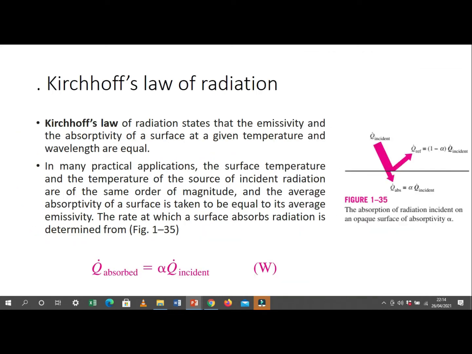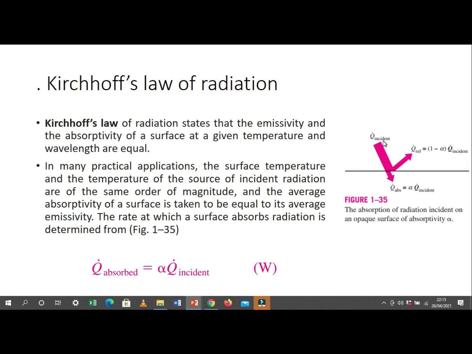Here comes the Kirchhoff's law of radiation. So Kirchhoff's law of radiation states that the emissivity and the absorptivity of a surface at a given temperature and wavelength are equal. So let's try to understand from this diagram. So here is the Q incident, the amount of heat which is basically coming onto the surface.